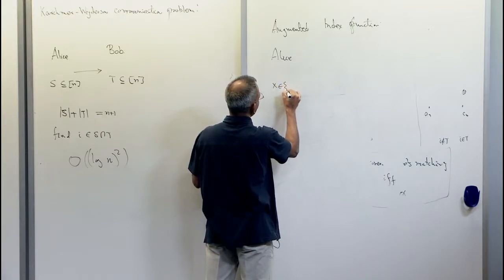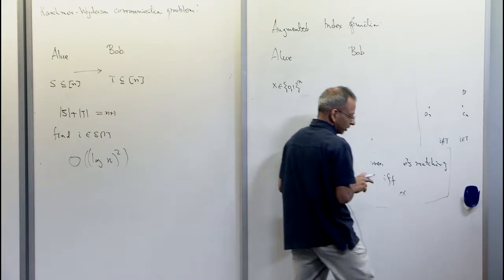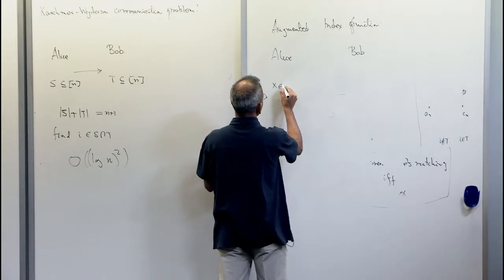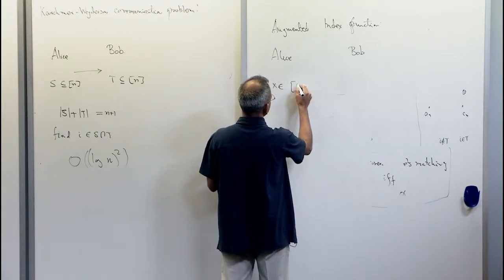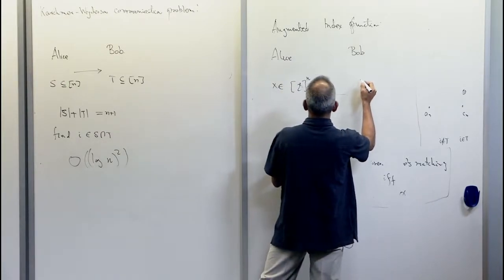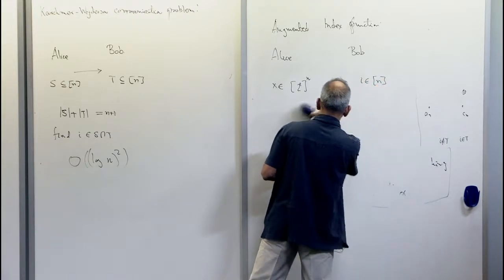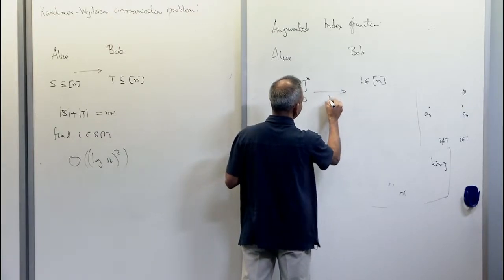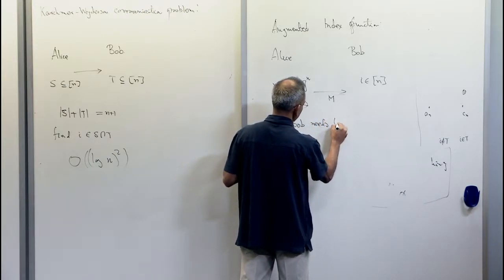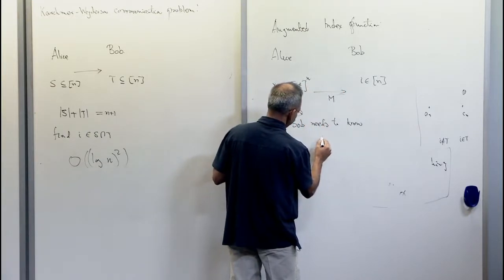Alice has x belonging to {0,1}^n. Or we can even change this. Let's say Alice has an array of length n, and Bob has an index i in [n]. Alice sends one message, and Bob needs to know the ith component.